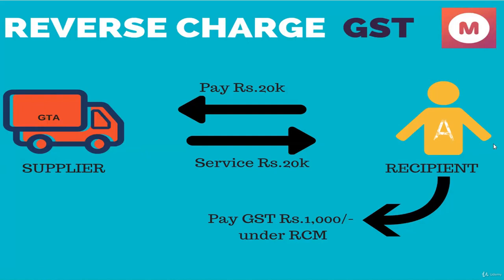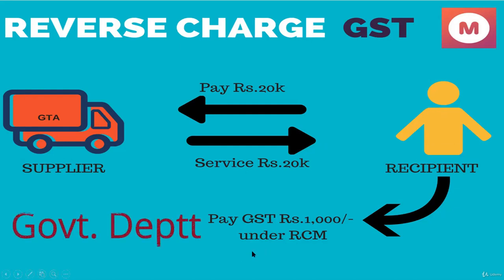The recipient of the service from GTA will pay only rupees 20,000 to the supplier, and the rest of the tax amount, that is 1,000 rupees, the recipient will pay as GST under reverse charge mechanism directly to the government department.